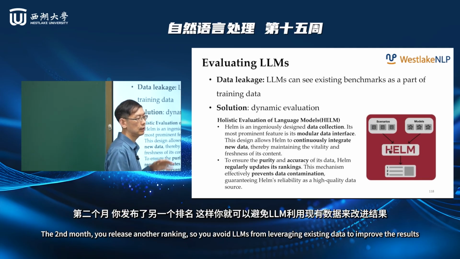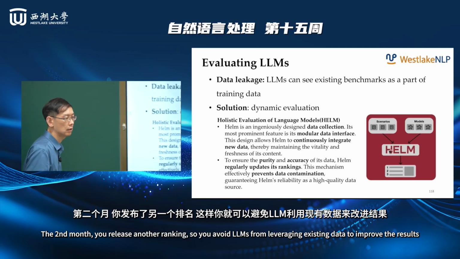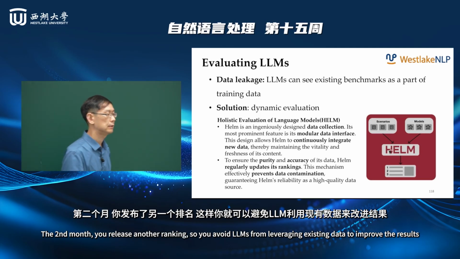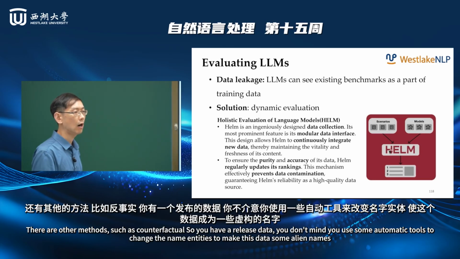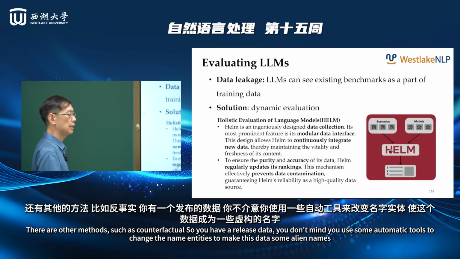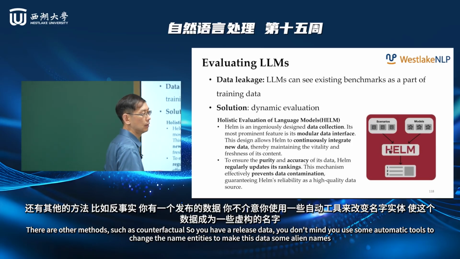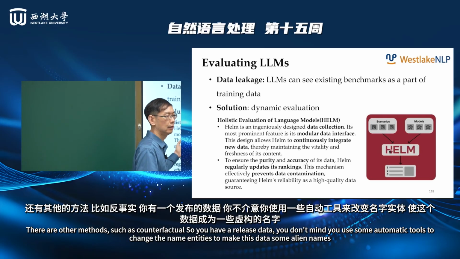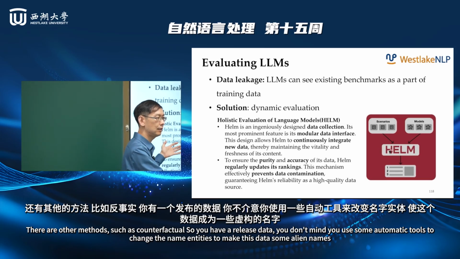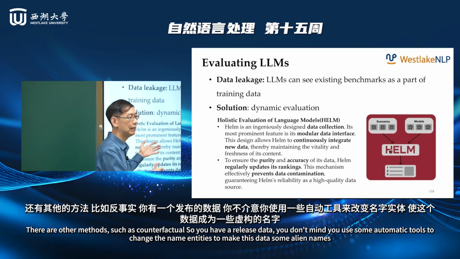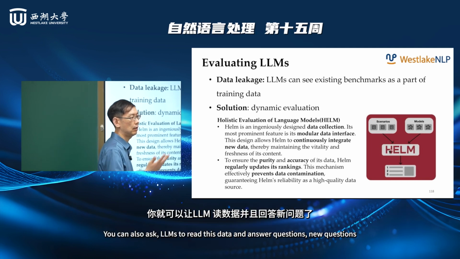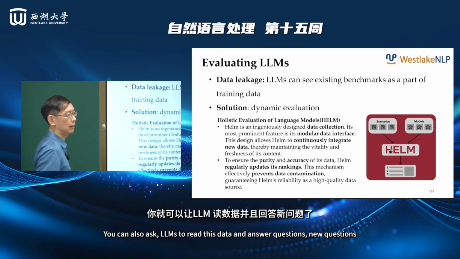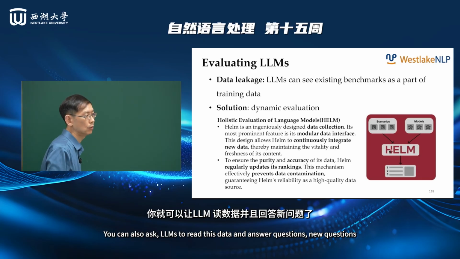So you prevent LLMs from leveraging existing data to improve the results. There are other methods such as counterfactual. So you have a release data set, and you use some automatic tools to change the named entities to make this data have some alien names. You can also ask the LLM to read this data and answer new questions.